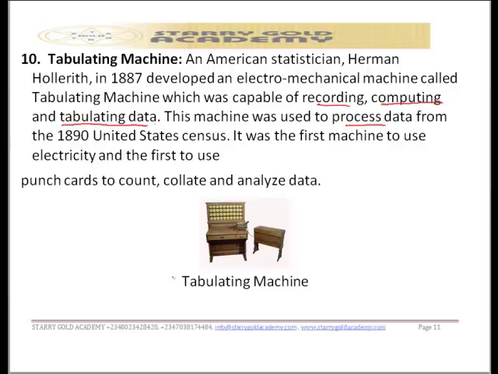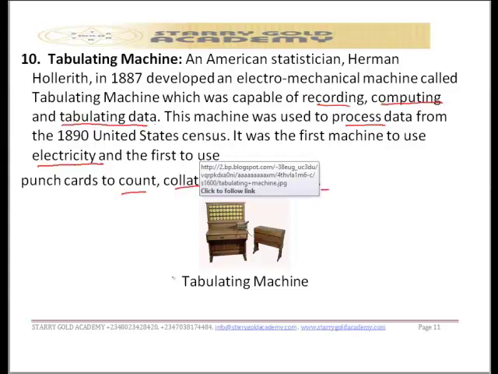It was the first machine to use electricity and the first to use punch cards to count, collate, and analyze data. This is how the tabulating machine looked. Okay.